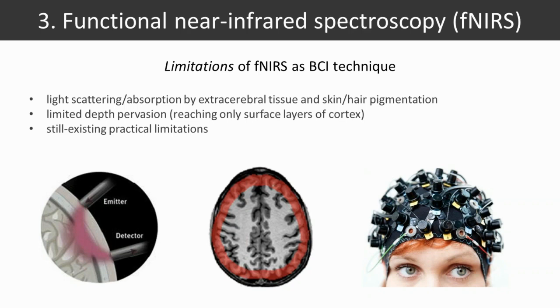Then we have a limited depth of penetration, as we reach only surface layers of cortex, and there are still some practical limitations, I would say, but this is always so. For example, the optodes, or especially the cables, might be quite heavy on the head after a while, so subjects might complain after a while. So that's it.